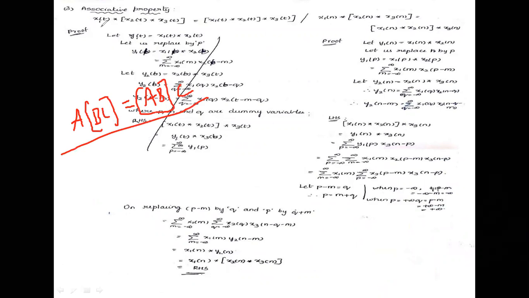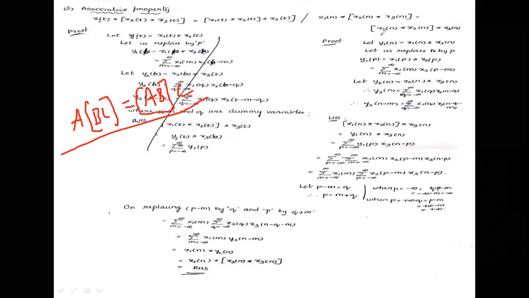Here also I take the statement x1 of t convolution with x2 of t and x3 of t is equal to x1 of t with the convolution of x2 of t and the convolution of x3 of t. I'm taking here in terms of n values, x1 of n with the convolution of x2 of n and whole convolution with the x3.